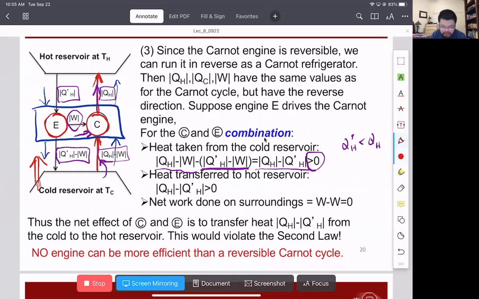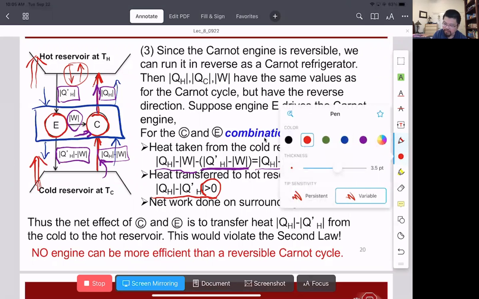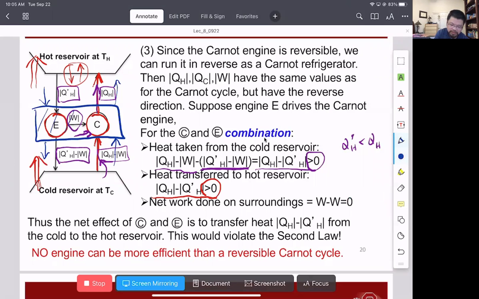And then on the other side, if we try to take a look at this QH minus QH prime, that's again a positive value, meaning QH is into this, QH prime is out of the hot, so their net would be, we are going to have a net heat flow into the hot reservoir. So now you realize there is a problem, because using this as my design of the system, there's no work input or output.